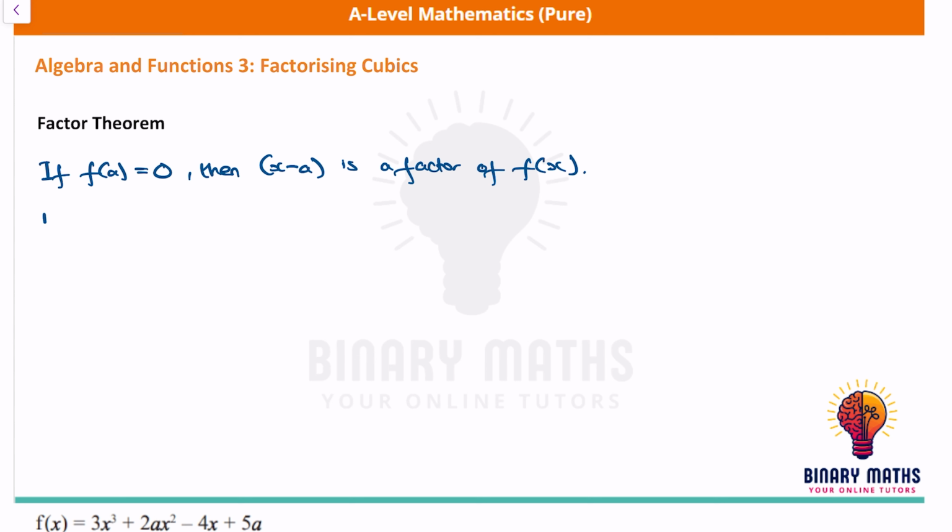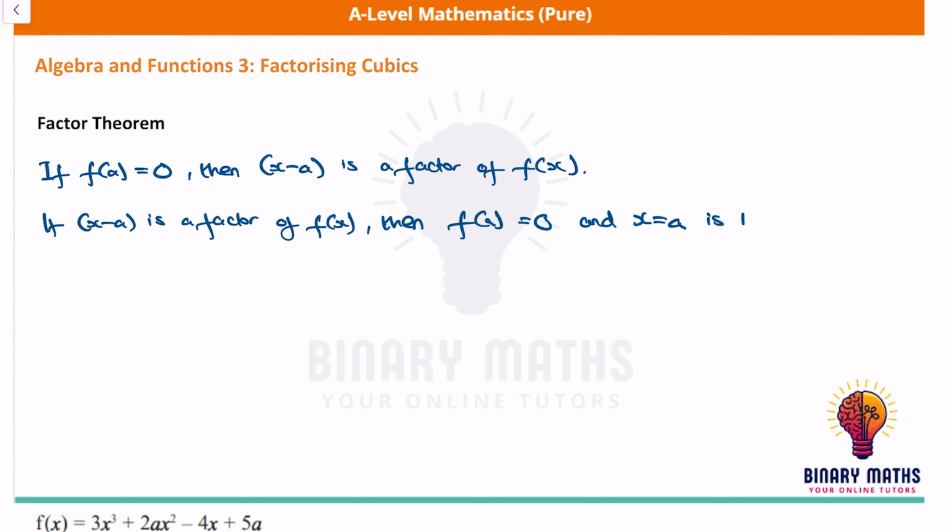But we also know that if x minus a is a factor of f of x, then f of a is equal to 0, and a is a root, x is equal to a is a root of f of x. So this is what the factor theorem is telling us, and it helps us to factorize quartics, cubics, any polynomial really, in order to sketch these graphs.